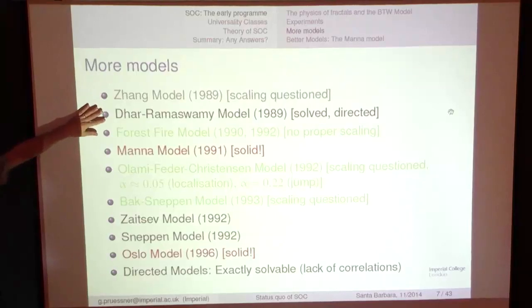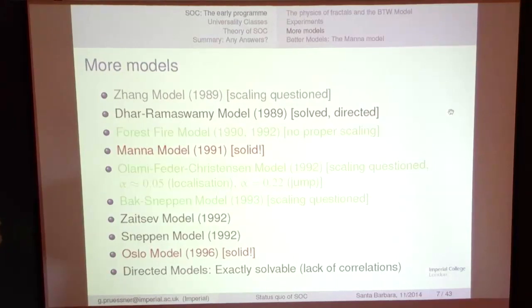This Dar-Ramaswamy model is directed, and it's very easy to understand why it displays self-organized criticality, and it's got trivial exponents, and okay, so this is solved. The forest fire model doesn't display proper scaling. The Manna model, so this is roughly in sequence as they were introduced. The Manna model, I think, really does display scaling, and I get to that in a moment.